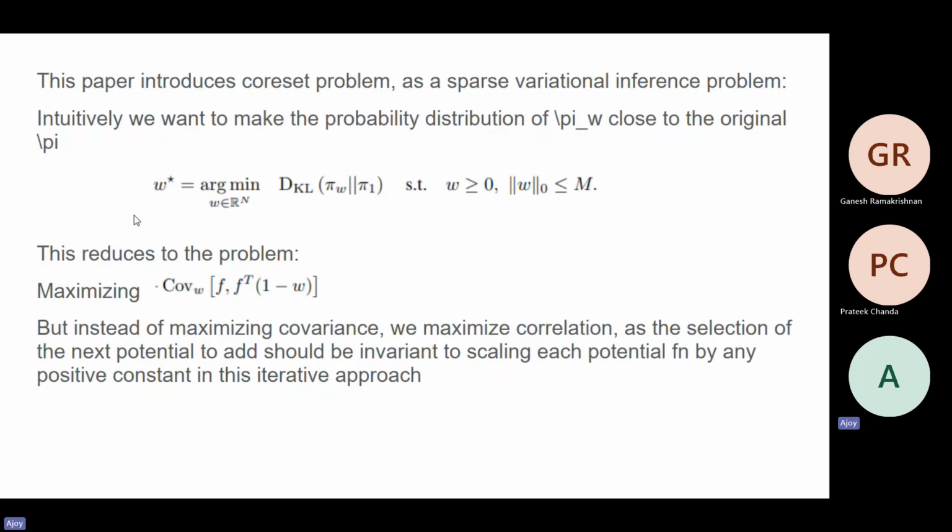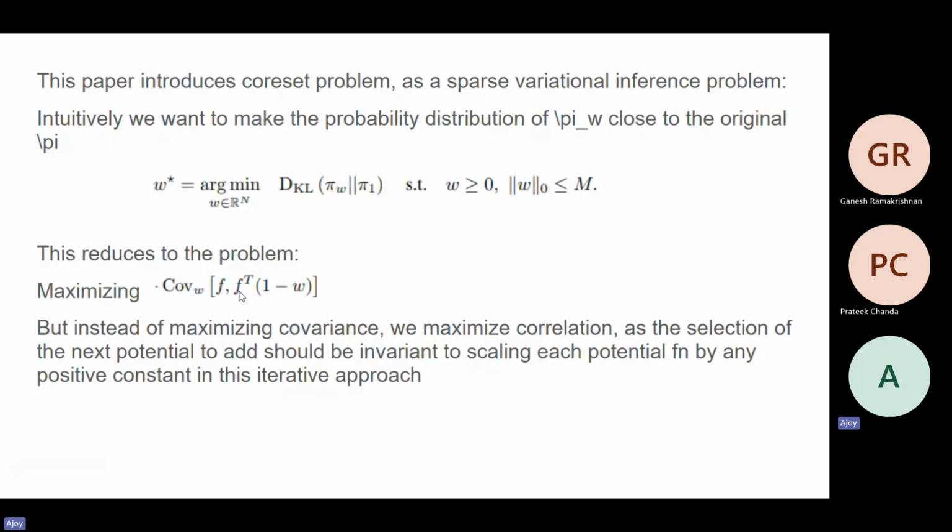Expanding this and going through some steps of equations, we find that this problem reduces to maximizing covariance between F and F transpose. In this paper, F is the potential instead of L.